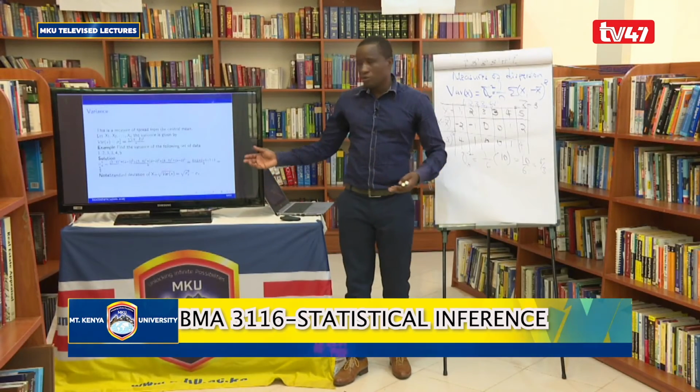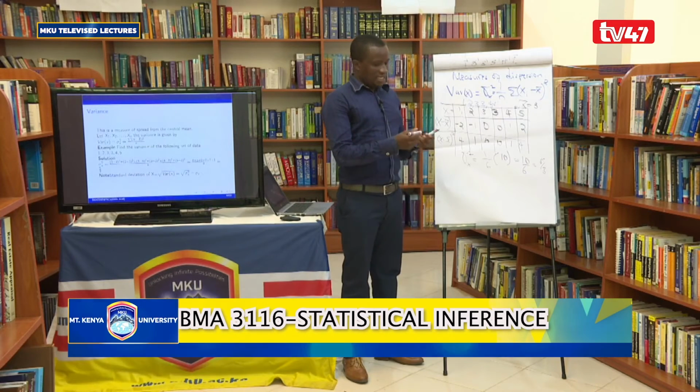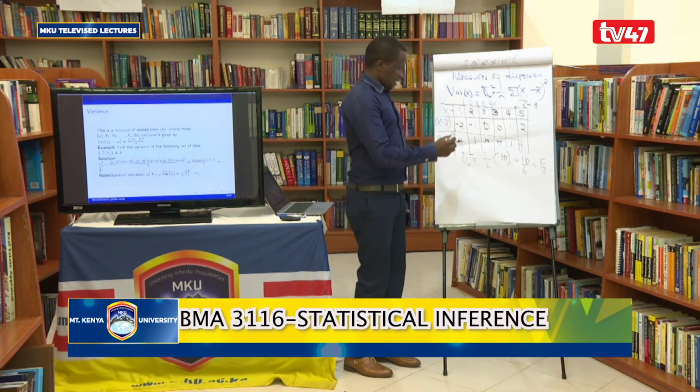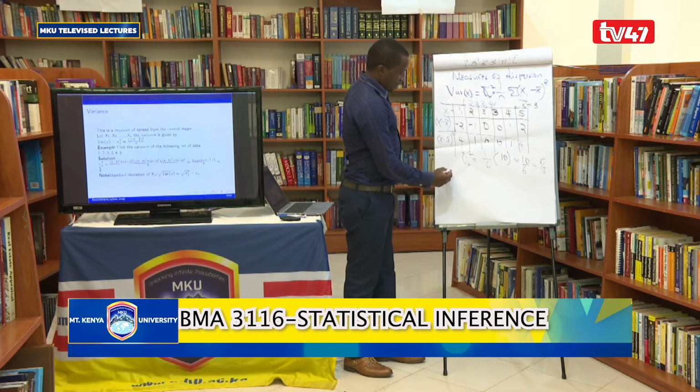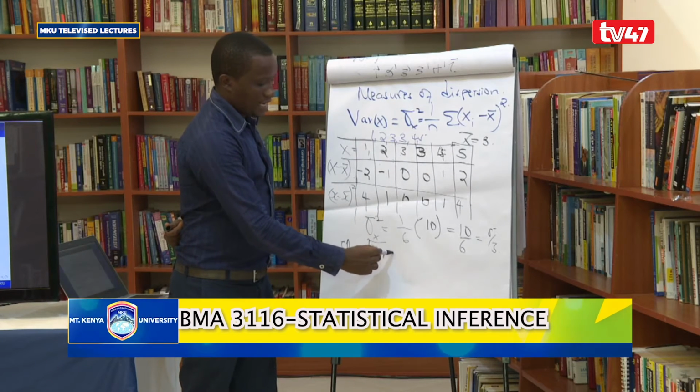We need also to note that another measure that is close to the variance is the standard deviation, where the standard deviation of x, normally abbreviated by SD, is given as the square root of the variance of x.